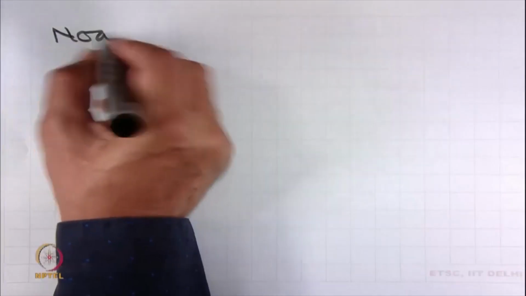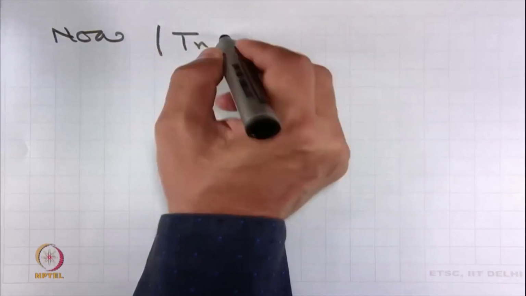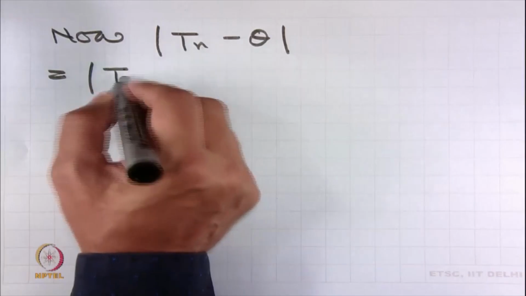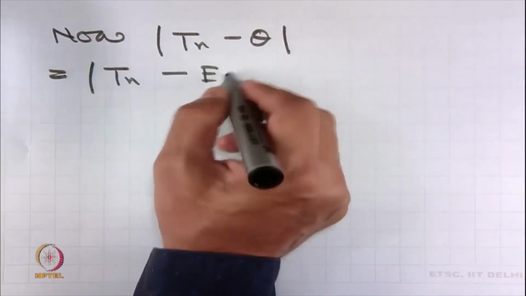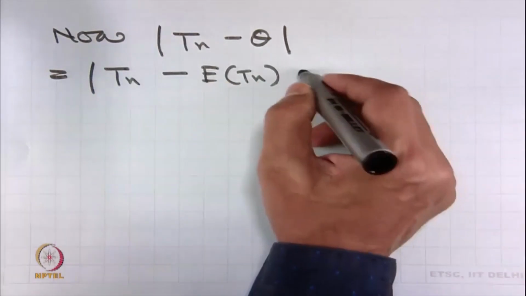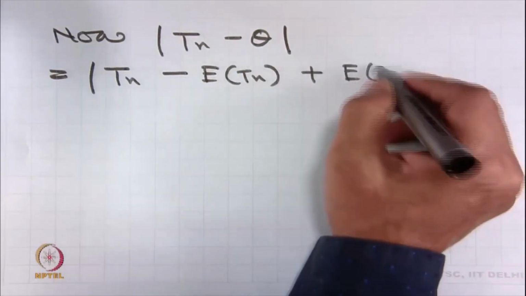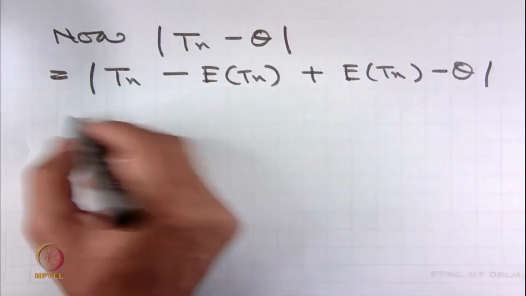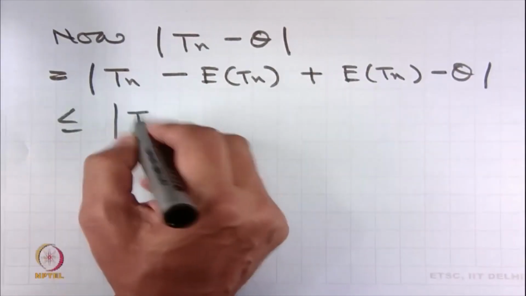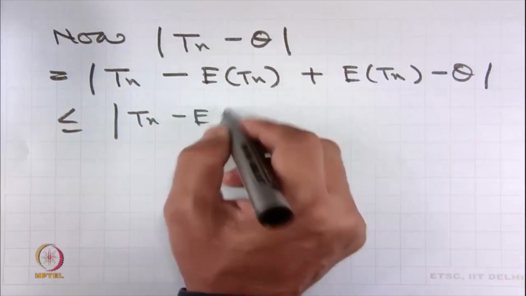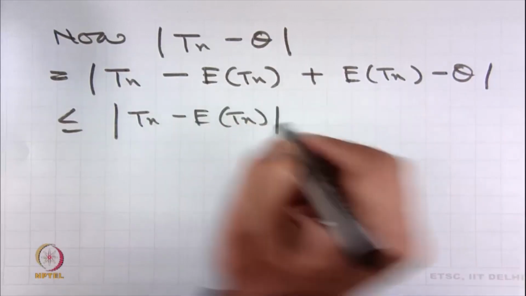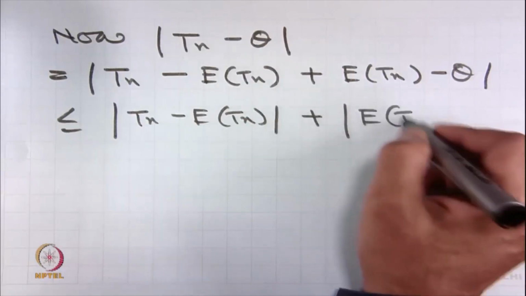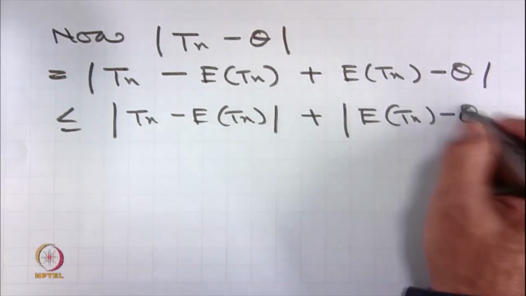Now, modulus of T n minus theta is equal to modulus of T n minus expected value of T n plus expected value of T n minus theta, which is less than equal to modulus of T n minus expected value of T n plus modulus of expected value of T n minus theta.